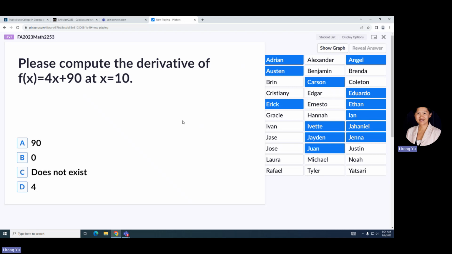So if you are going through the calculation using the limit definition, derivative is defined as a limit of f of x plus h minus f of x over h.